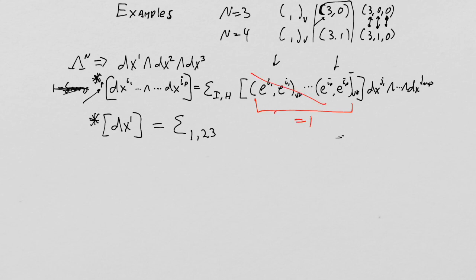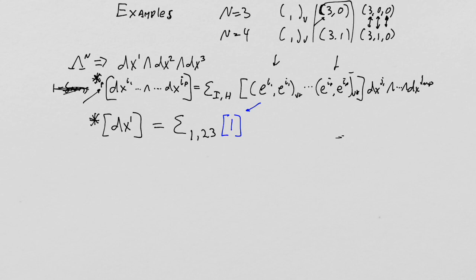So I'm just going to ignore it for now. Since I want to bring it back later, I'm not going to cross it out. I'll throw it in blue, just to remind you that that product is there, but always equals 1.